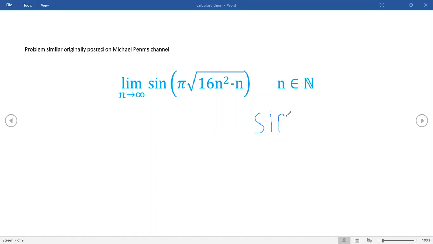The same is true for cosine, but the sine of any angle, usually we're talking radians, is equal to the sine of that angle or that real number plus or minus any integer multiple of 2 pi.